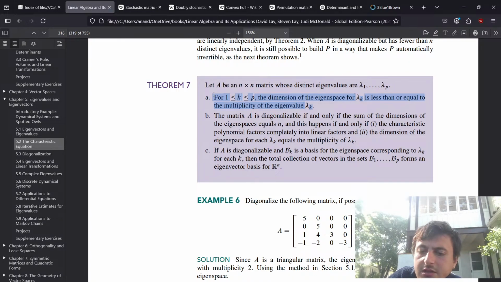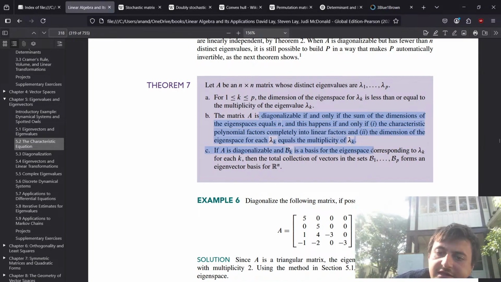The matrix A is diagonalizable if and only if the sum of the dimensions of the eigenspaces equals n. That's interesting. This is a generalization, because I was implicitly assuming that if they're distinct, then you get all multiplicity ones.